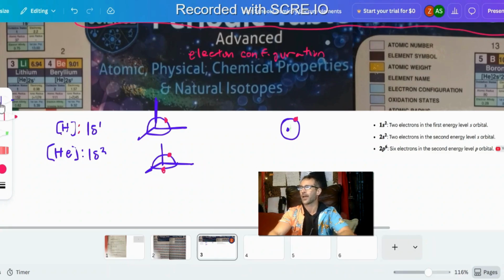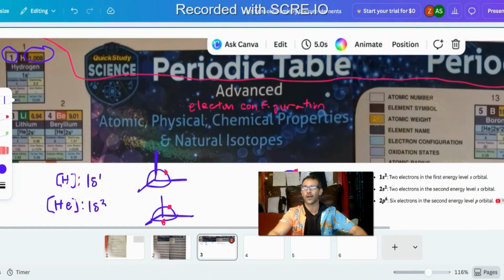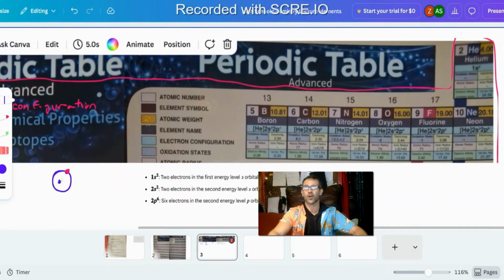Now looking at the periodic table for that one, go all the way across and notice how you've got 2 protons and 2 electrons. Okay? And I'll write that out. But you also have 2 neutrons. And usually that's how it happens.